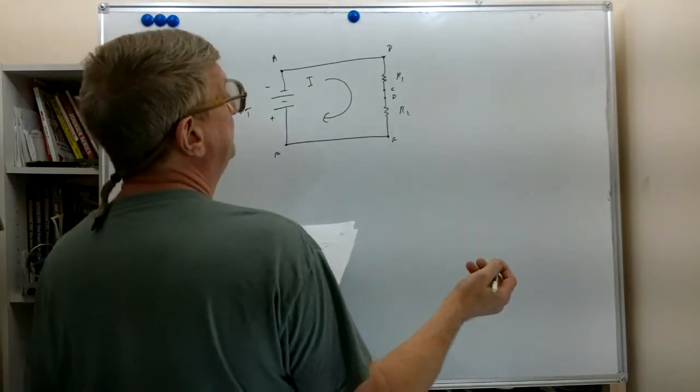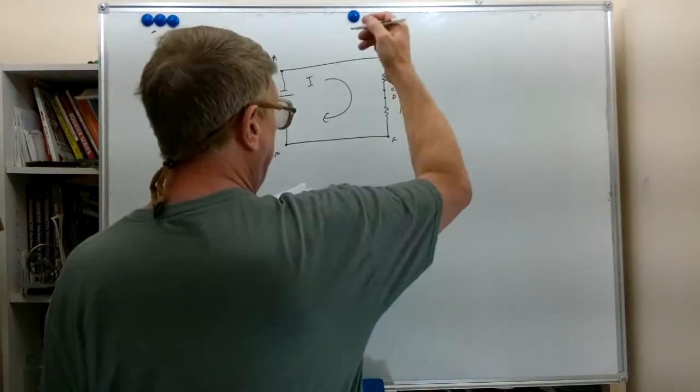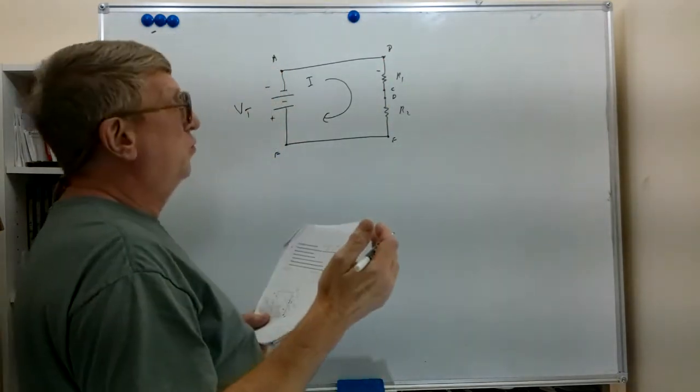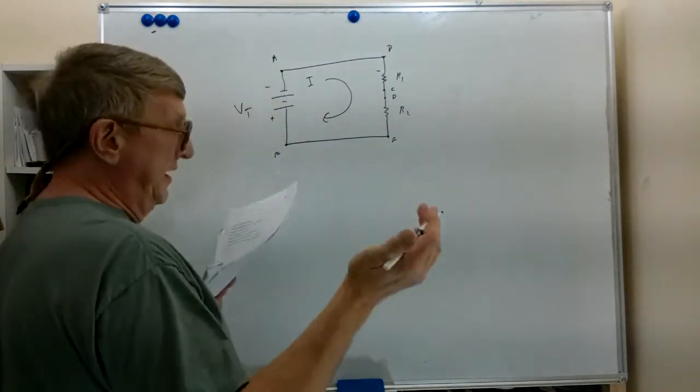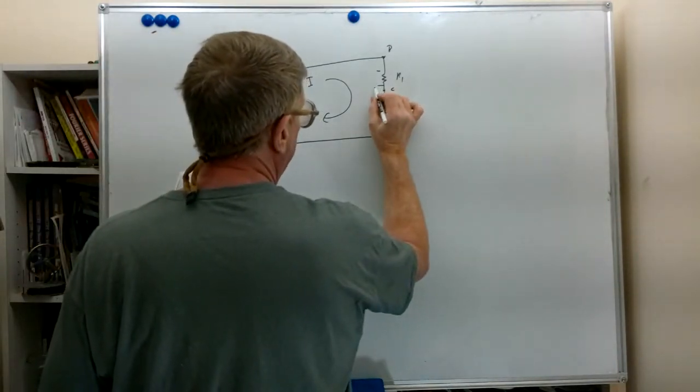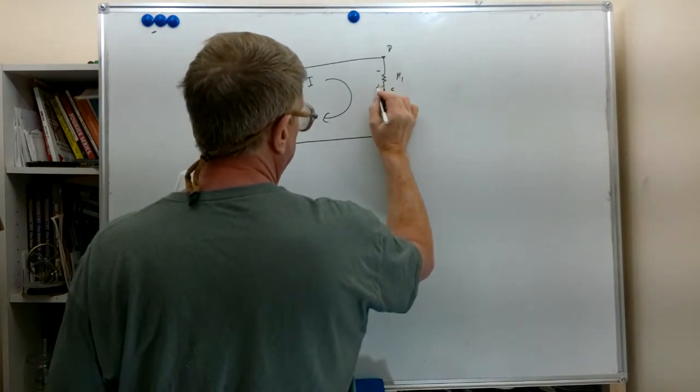Across R1, what we see is the electrons flow into the negative relative polarity terminal of R1, as we just saw in our diagram a few minutes ago. And they come out of the positive end.